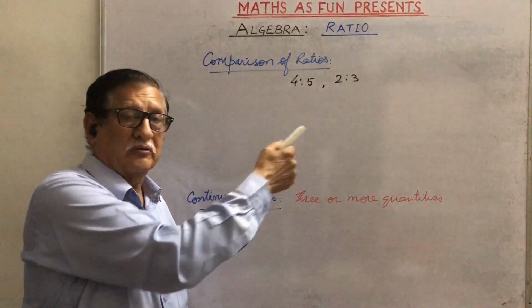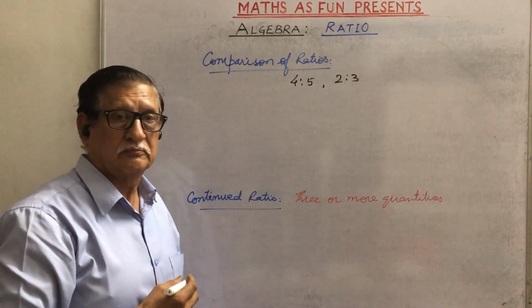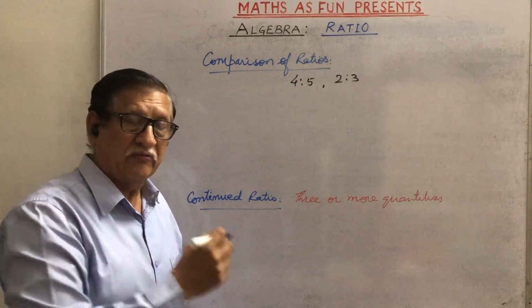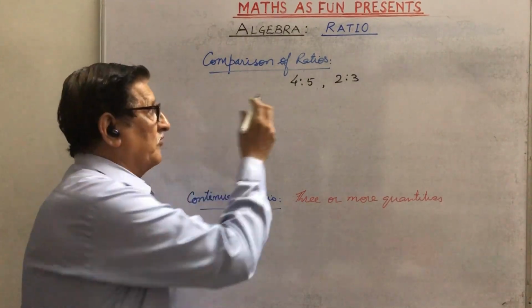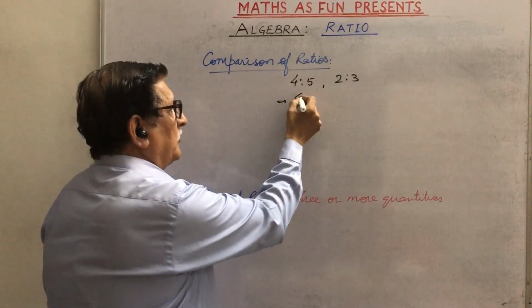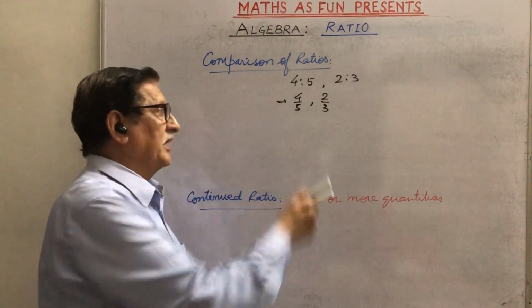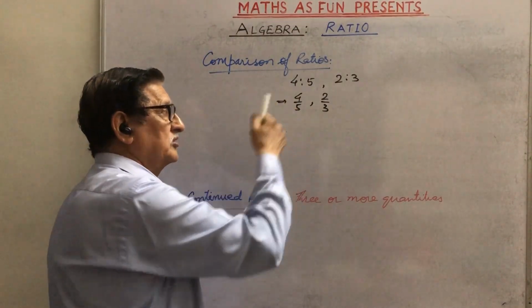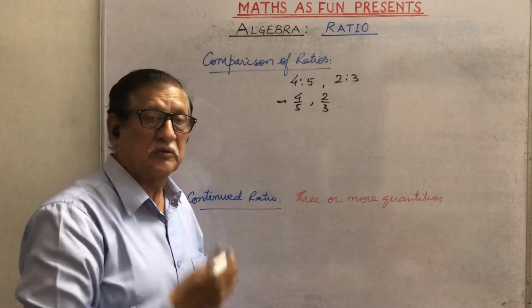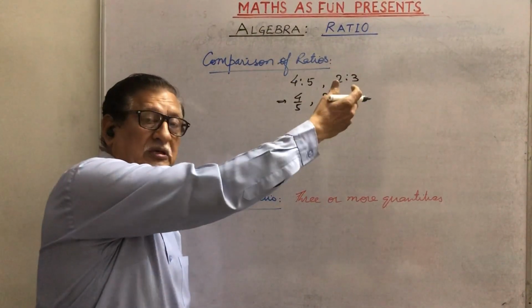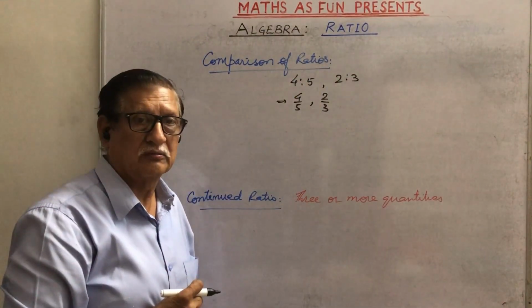We want to compare which is greater. What we will do? We will write them in the form of fractions, that will make it easy, and then we will take the LCM of both the denominators. It means we will make the denominators equal, or we can say we will make the consequents equal.